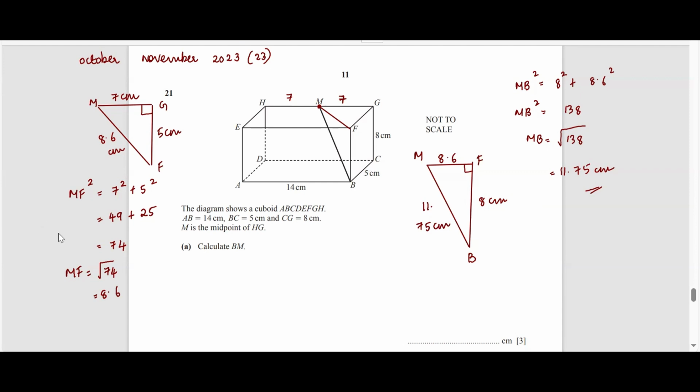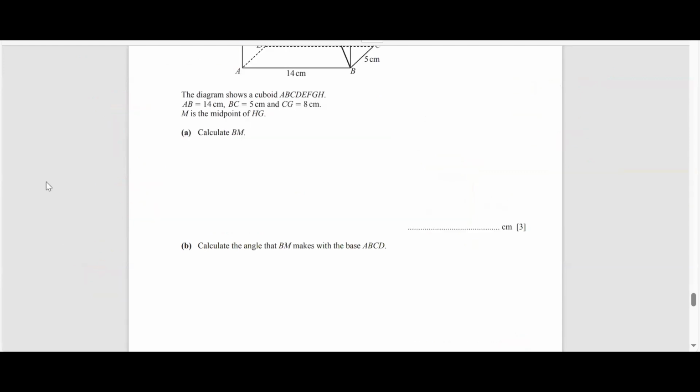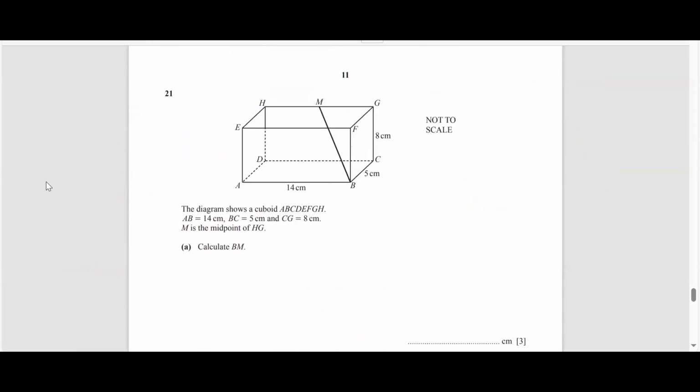Now let's try the B part of this. Calculate the angle that BM makes with the base ABCD. As we discussed, we just have to find out the right angle triangle that we are going to consider. To find out the angle of MB with the base ABCD, the right triangle is this one.